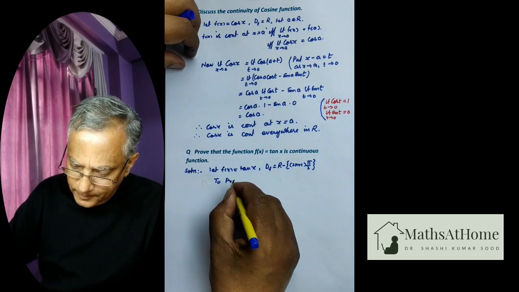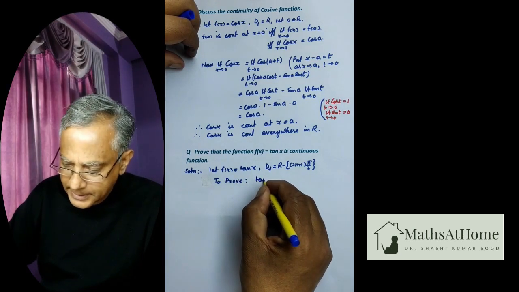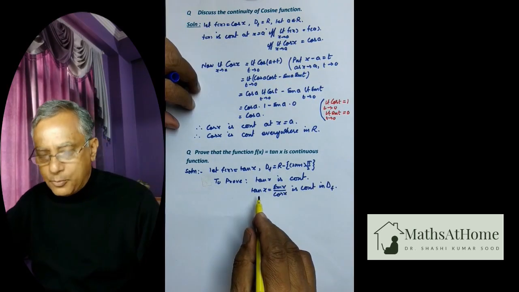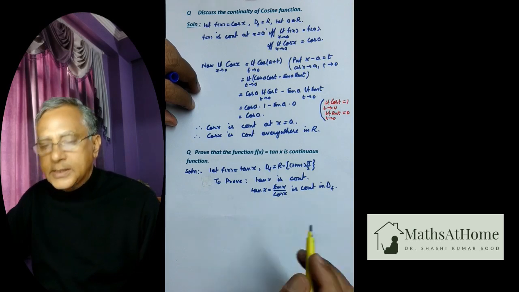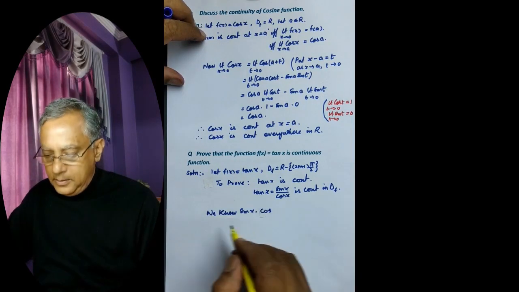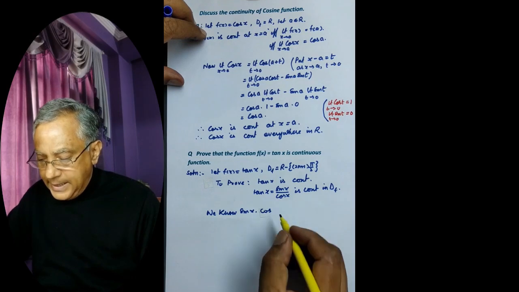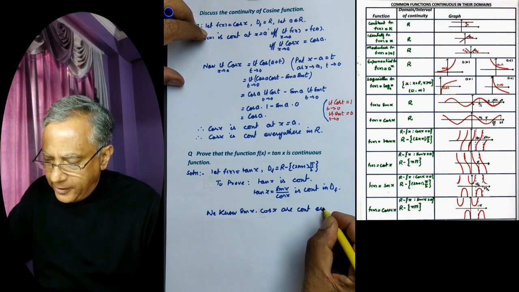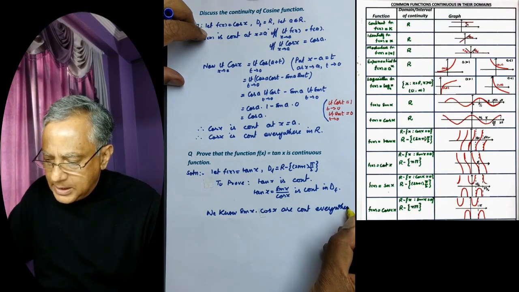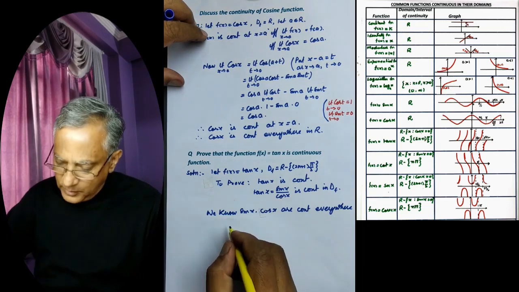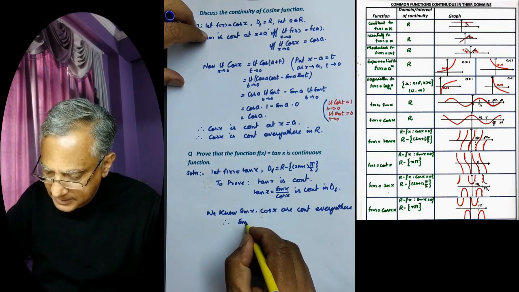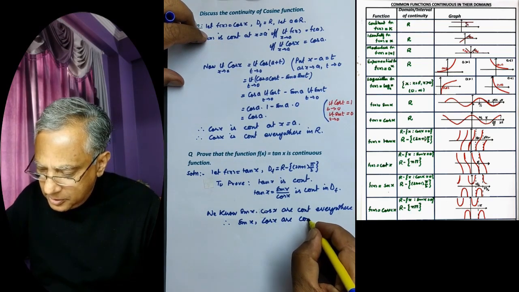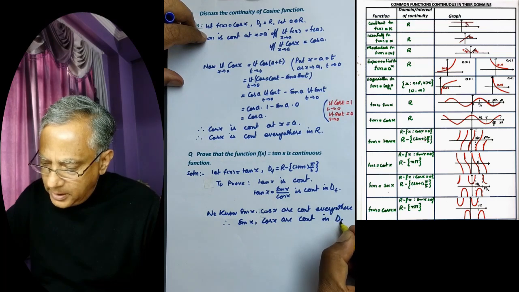To prove tangent x is a continuous function, we shall prove that tangent x, which is equal to sin x over cos x, is continuous in its domain. Now we know sin x, cos x are continuous everywhere. These functions are continuous everywhere, and therefore sin x and cos x are continuous in domain of f.